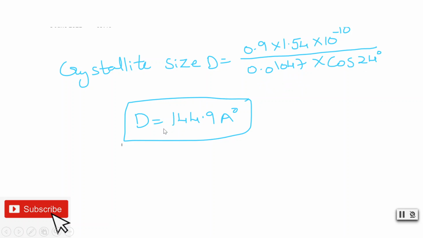Putting 10 power minus 10 as Angstrom and calculating with these values, we get 144.9 Angstrom. In this way we can calculate the crystallite size.